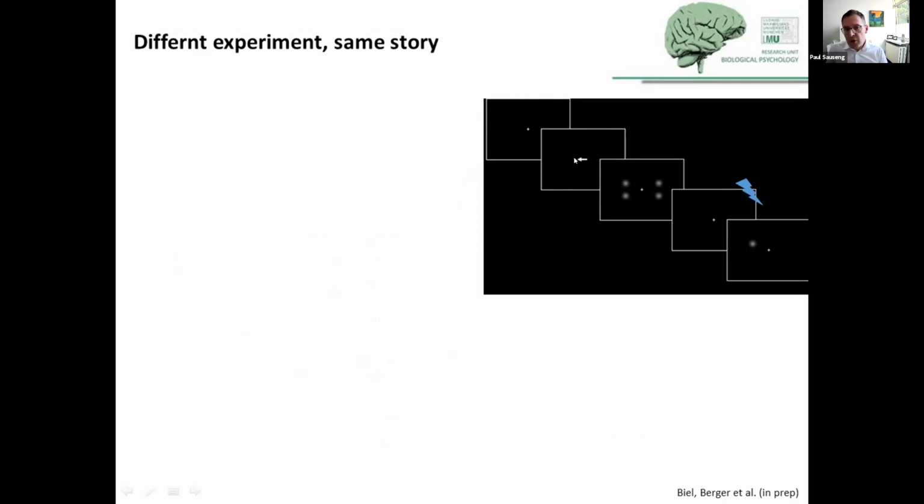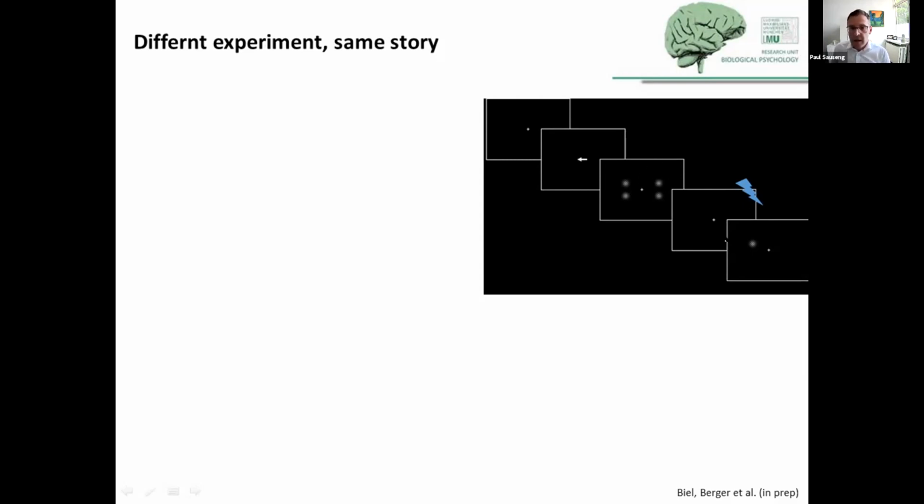Then there was a cue presented pointing either to the left or to the right. And this was followed up by Gabor patches presented in the left and the right visual field. Then there was a delay phase where we again applied a TMS pulse. And this was followed up with a probe item, either in the cued visual field or in the uncued.